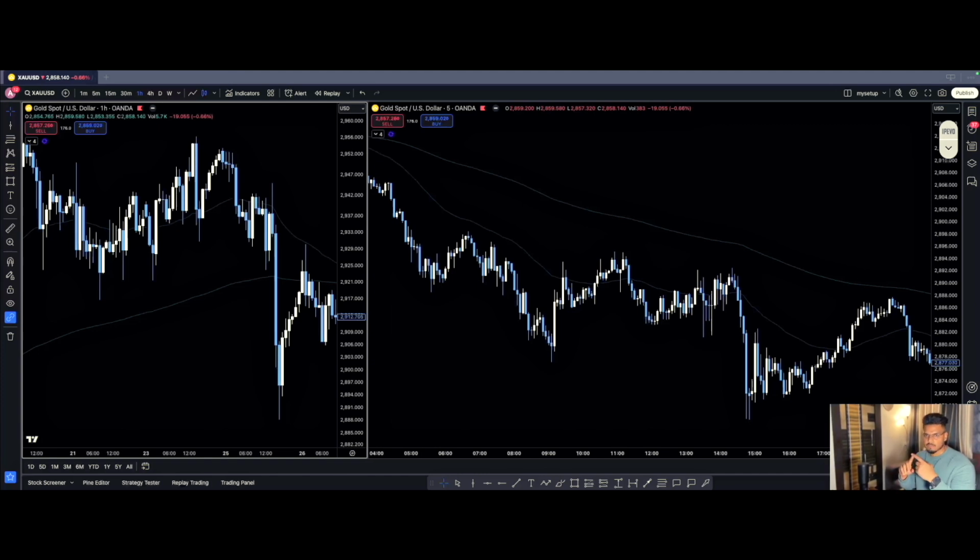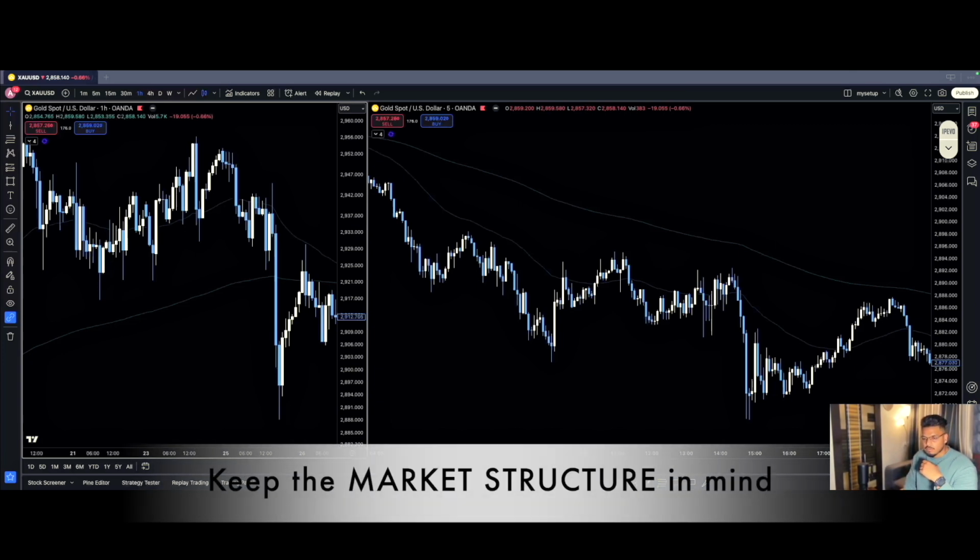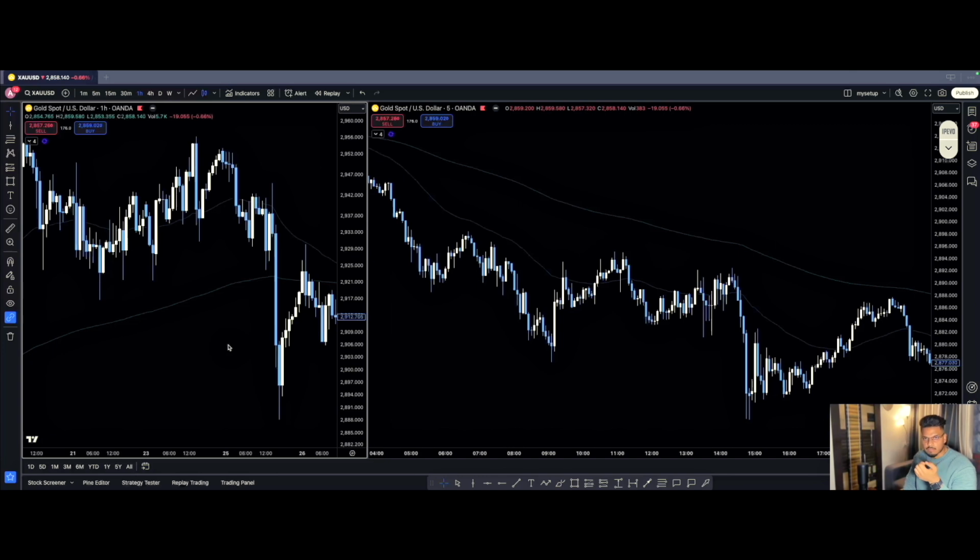So, the first common mistake you have to keep in mind is that you should not ignore the market structure and the market sentiment that we are trying to tell you. For example, let's look at the example on the 15 minutes time frame. The market reacted from a particular level.